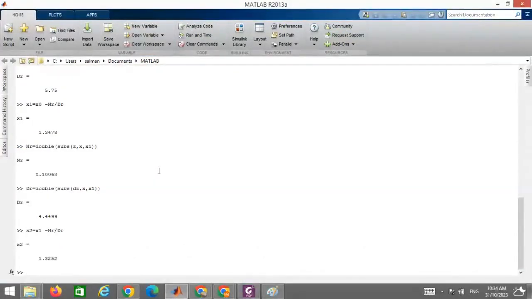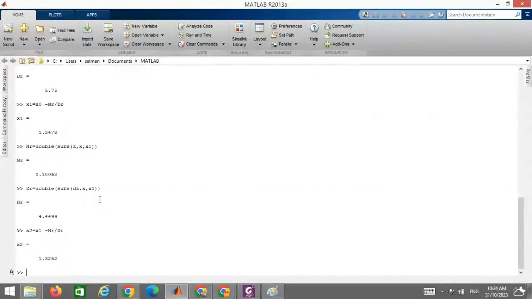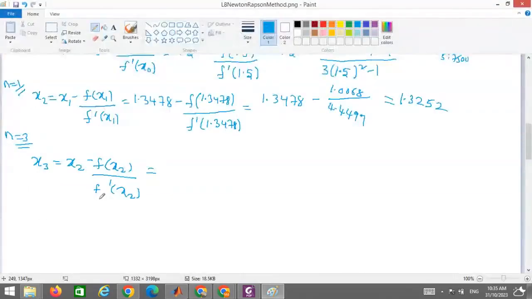Now the x2 is already known to us, right? Now I have to find the numerator. How do you find the numerator? The numerator should take the value of x2 here.